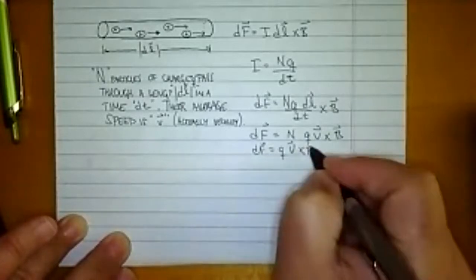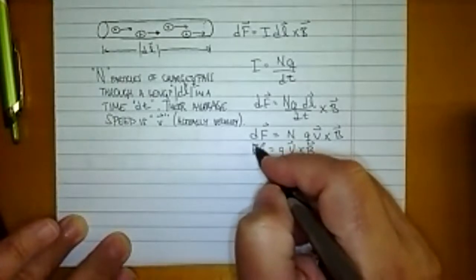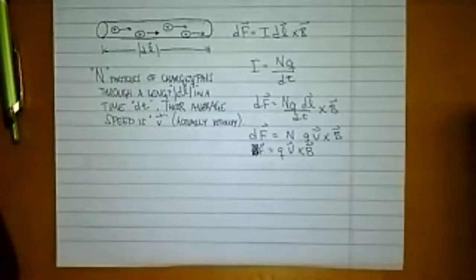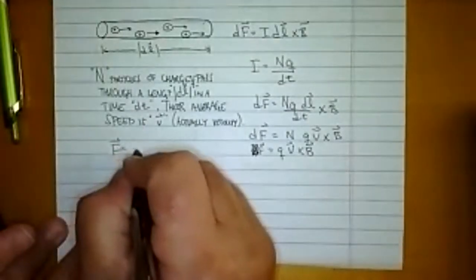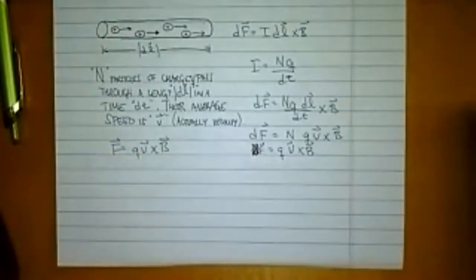And since we're actually dealing with a single particle, we don't even need to call it dF anymore. That takes into account the nature that it's a very small amount of force, if you will. So we'll just call that F is equal to qv cross B. And this is actually part of the Lorentz force law, so we happen to know we're right.